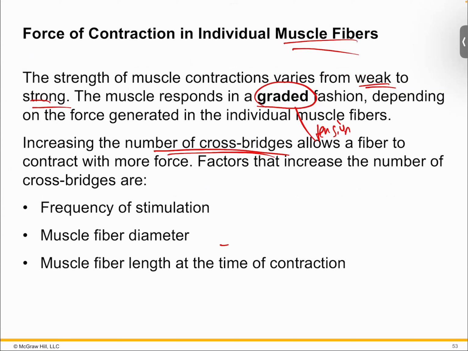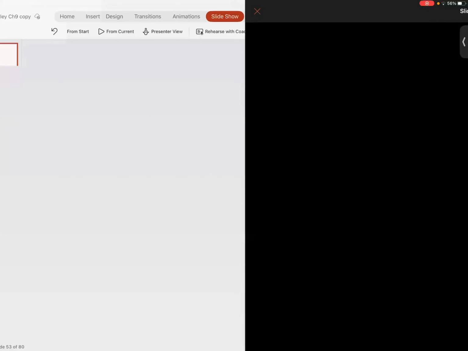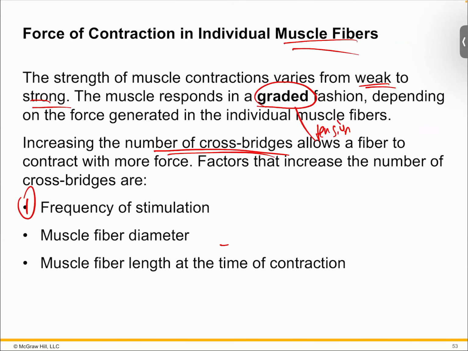But the question is, how do you actually affect contraction strength, right? So how do I keep this constant tension going on? Well, there's a couple of things happening in order to increase or modulate this contraction. The first one is clearly the frequency of stimulation. How often am I sending a nervous impulse to contract, right? How often is that contract signal coming in? Well, if it's coming in very slowly, contract, and I wait a half an hour, what's going to happen?